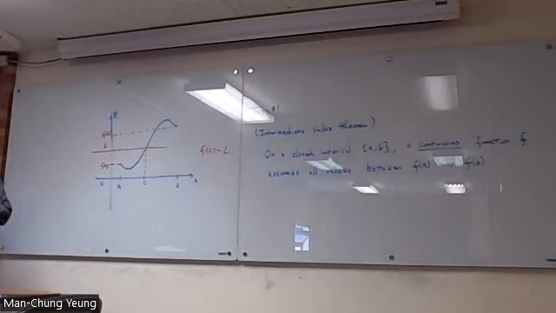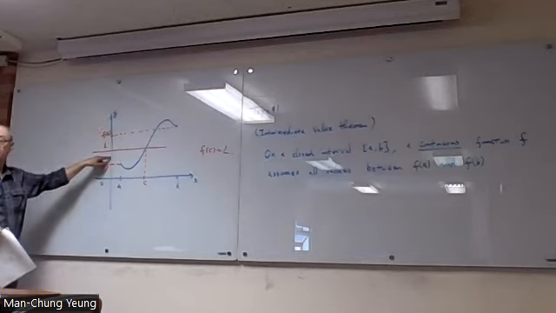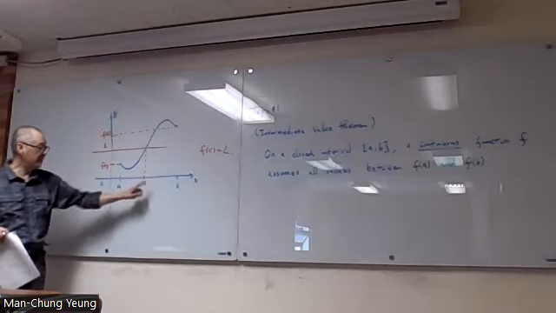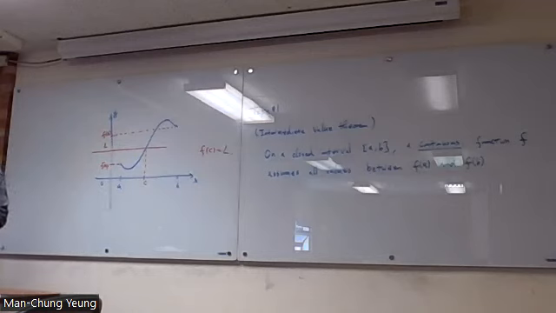Intermediate value: between f of A and f of B, arbitrarily pick a point. There must be a point between A and B whose function value is that value, because f is continuous.